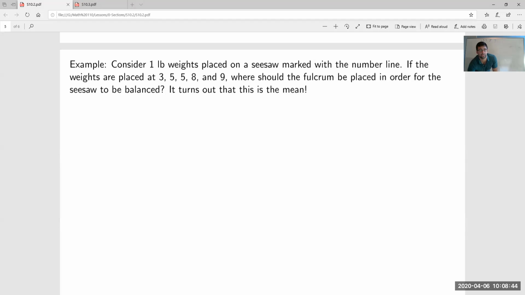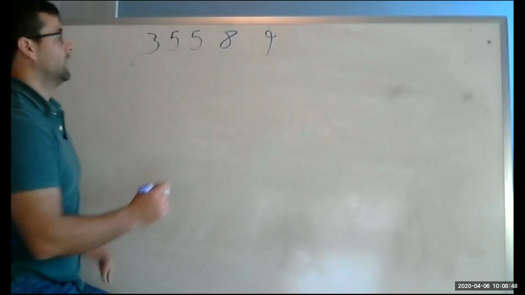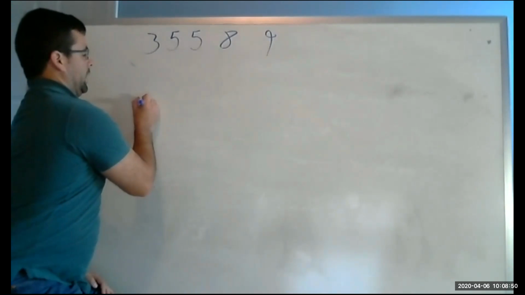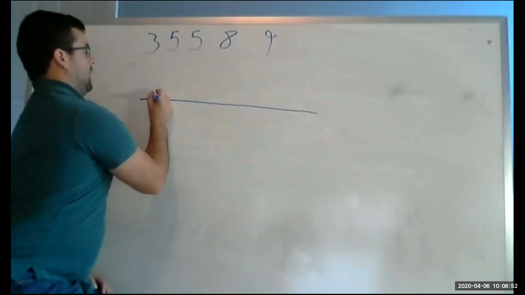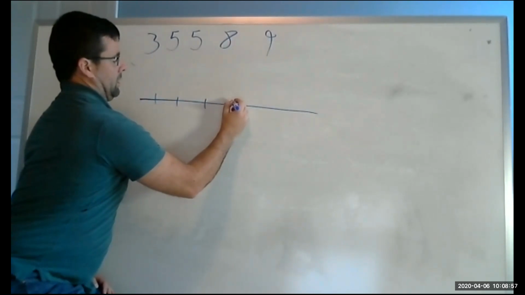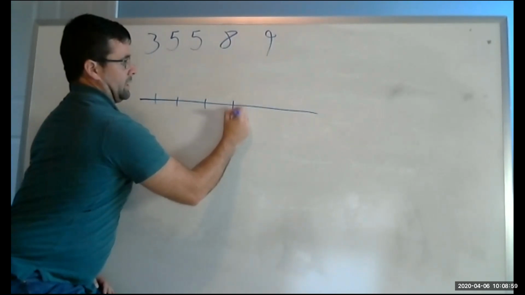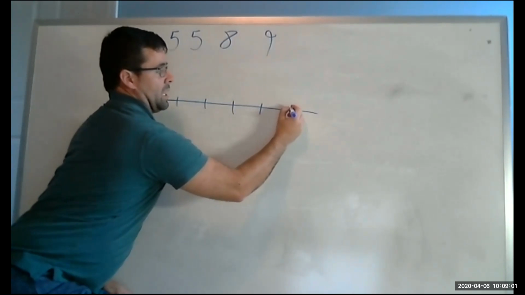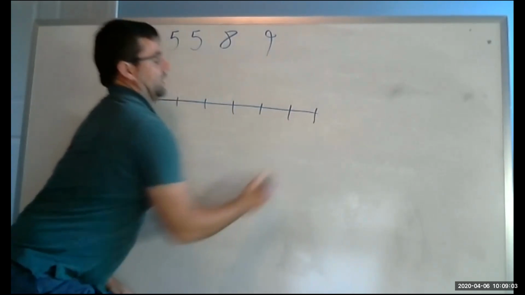So let's look at this for a second. So we have our number line, 2, 3, 4, 5, 6, 7, 8, 9.